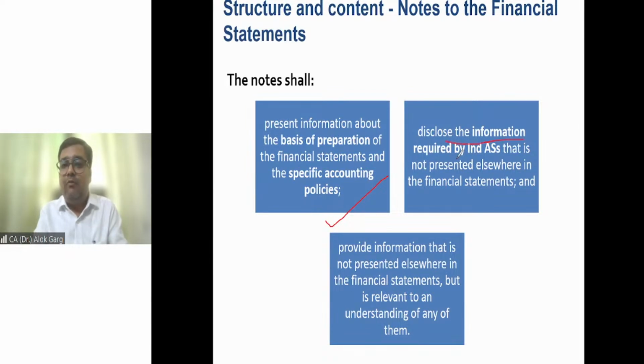Disclose the information required by Ind AS that is not presented elsewhere in the financial statement. Tell me, what are the kinds of information required to be disclosed in the notes to accounts as per the respective Ind AS, which is not there in the balance sheet, P&L, cash flow, statement of changes in equity? What kind of information are there? Related party disclosure. It is required by Ind AS 24. Segment reporting.